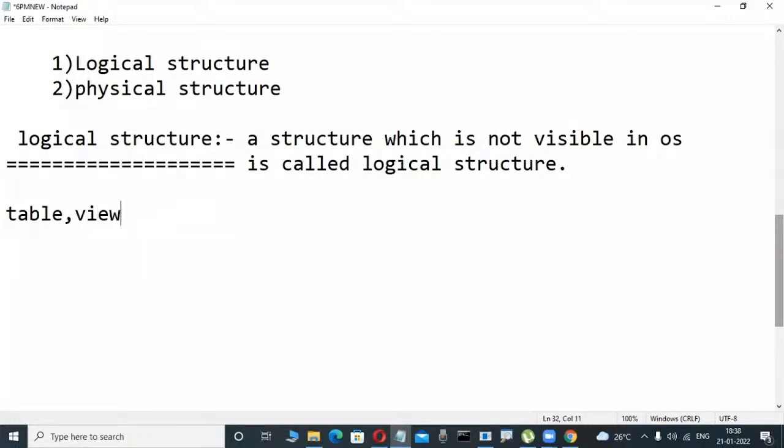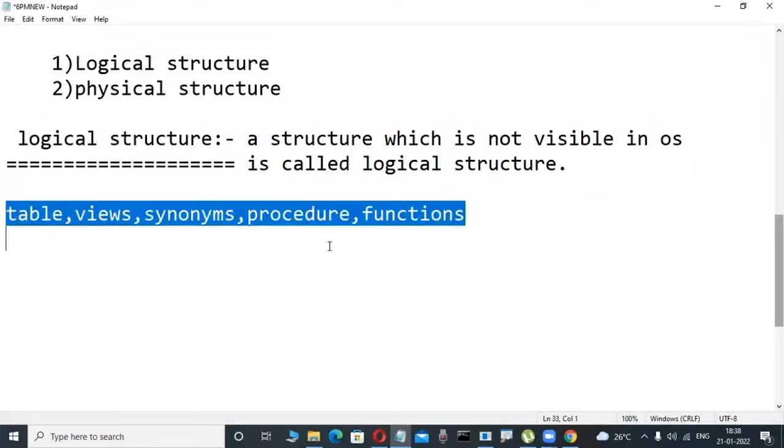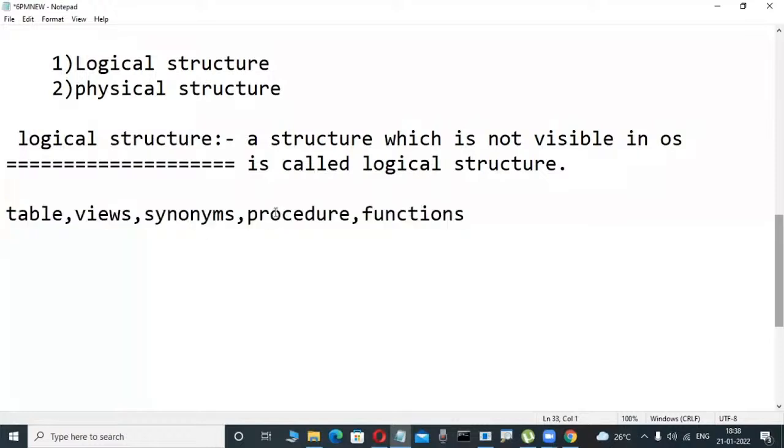Views are there, synonyms are there, indexes are there. These are all database objects. Procedures, functions, triggers, packages, so many things. These are all logical structure. That is not visible in the operating system. Whatever courses we are learning, so many objects are not present in the operating system.